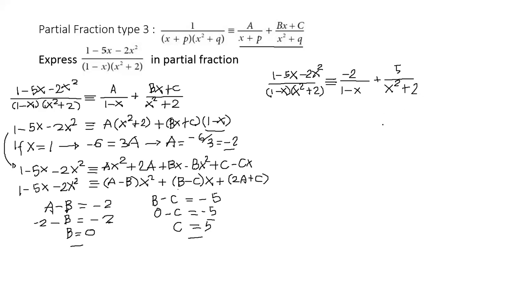With a equals negative 2 and c equals 5, the partial fractions of this expression are negative 2 over 1 minus x plus 5 over x squared plus 2.